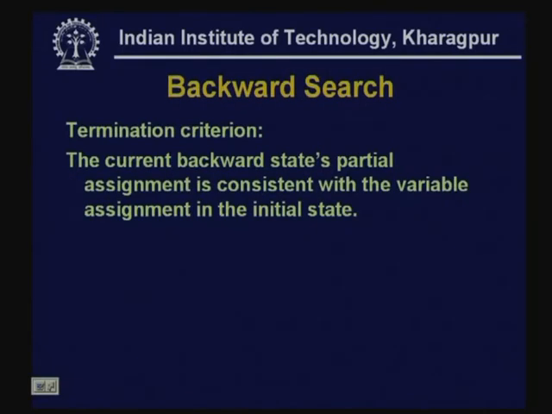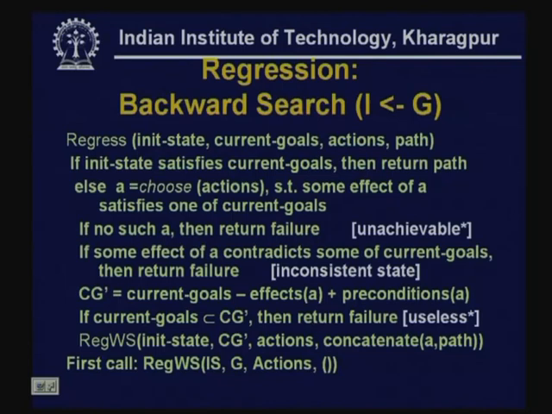So, let us now look at the algorithm for backward search, which is called regression. In regression we go from G, the goal state, to I, the initial state. This function regress takes the following parameters.